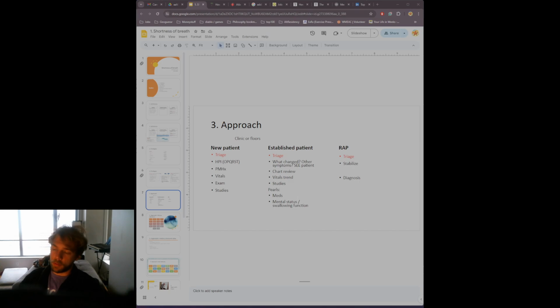Other pearls that I always want to say: if you don't have an immediate obvious explanation, such as an obvious pulmonary embolism in someone who hasn't been on heparin, pretty much always look through their meds, see if they've been getting a lot of opioids lately. This is commonly missed and commonly seen. Another one is mental status and swallowing function.